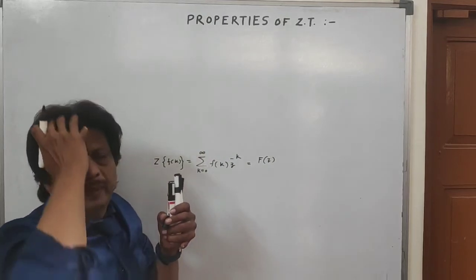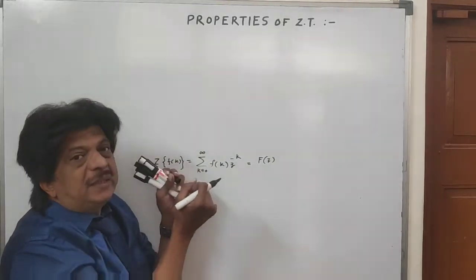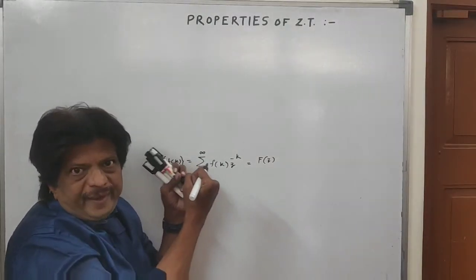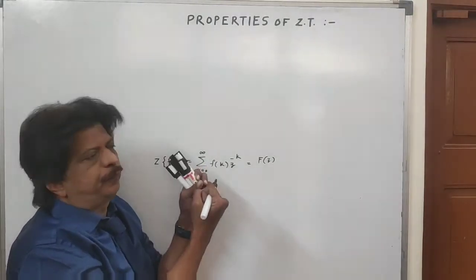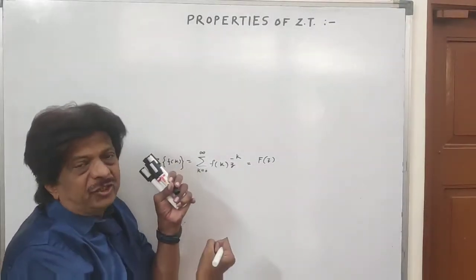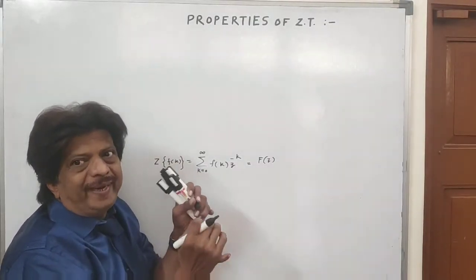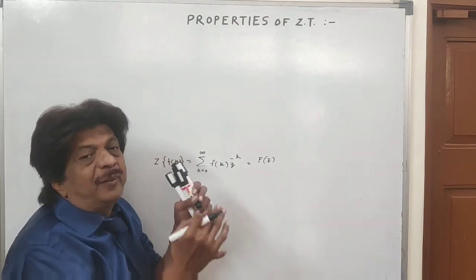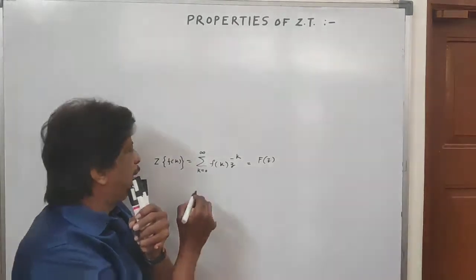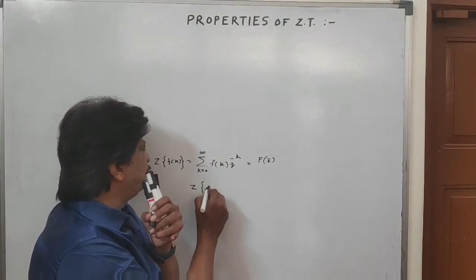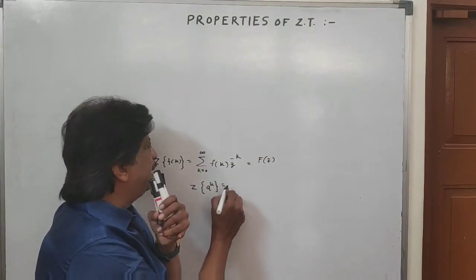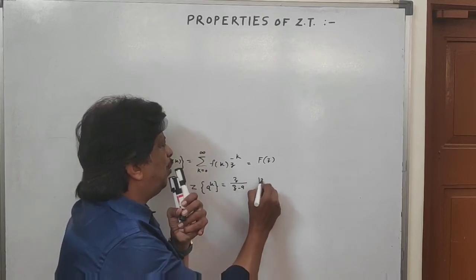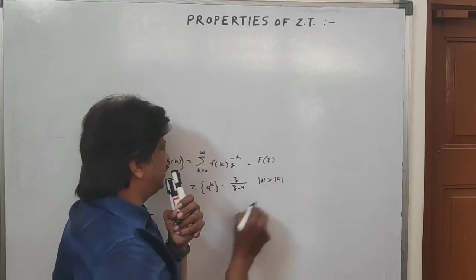Z is a complex number. That is the precise, fundamental, basic definition of the Z transform. So using this definition, we have obtained the Z transform of some elementary discrete sequences, namely the Z transform of a raised to power k, which was z upon z minus a, mod of z greater than mod of a.